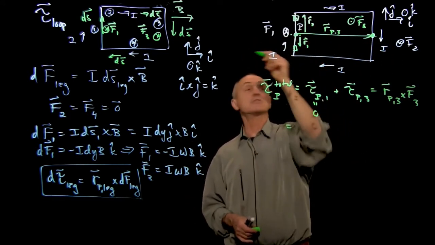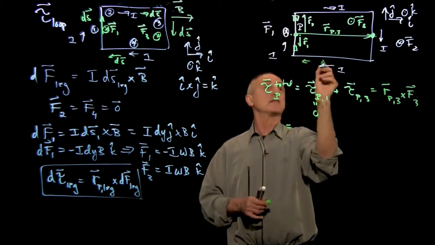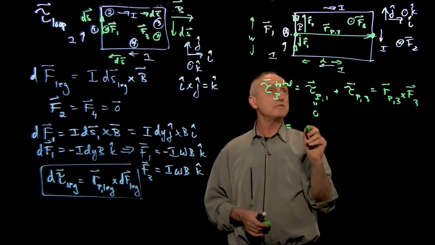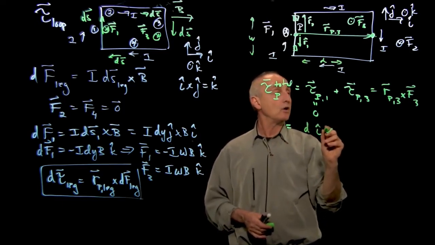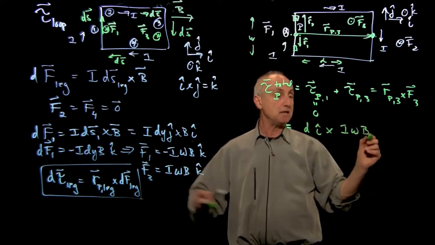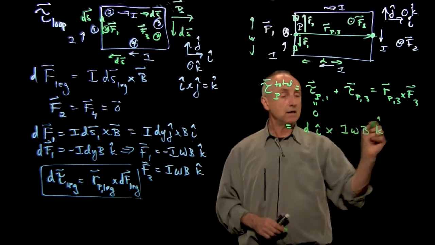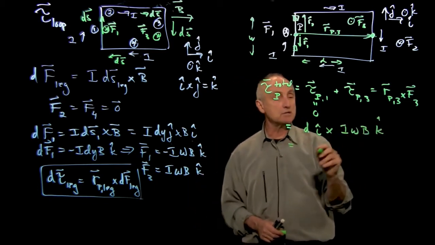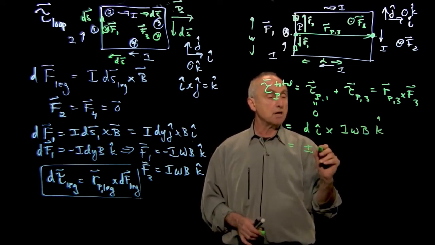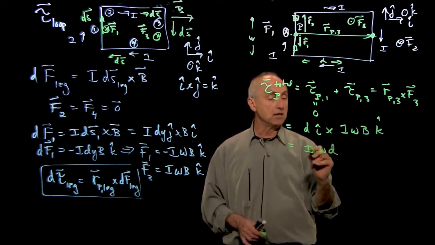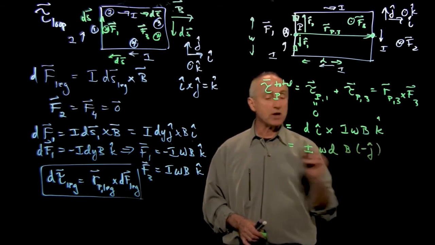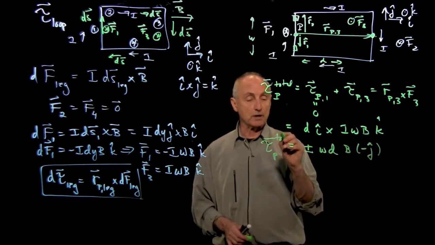For r3, we had a distance that this was length D, and this was W. And so we have D I hat cross F3, which was I, W, B, K hat. And I hat cross K hat is minus J hat. So we get I times W times D times B in the minus J hat direction. And that is the total torque.